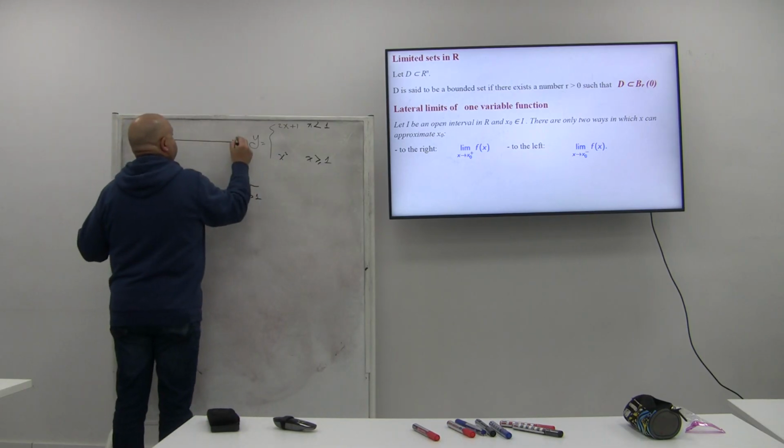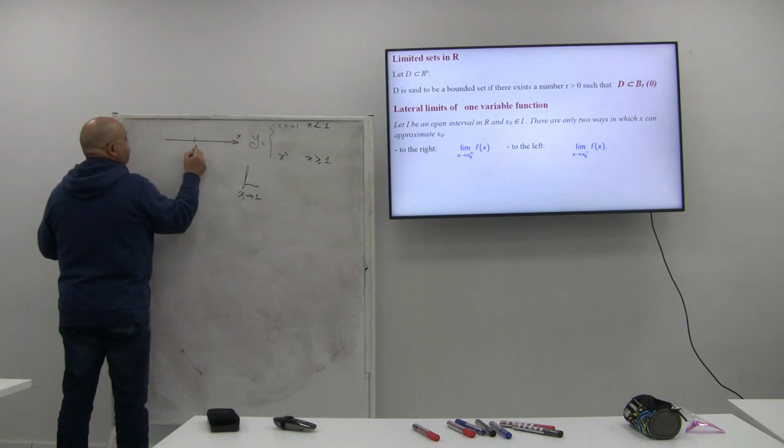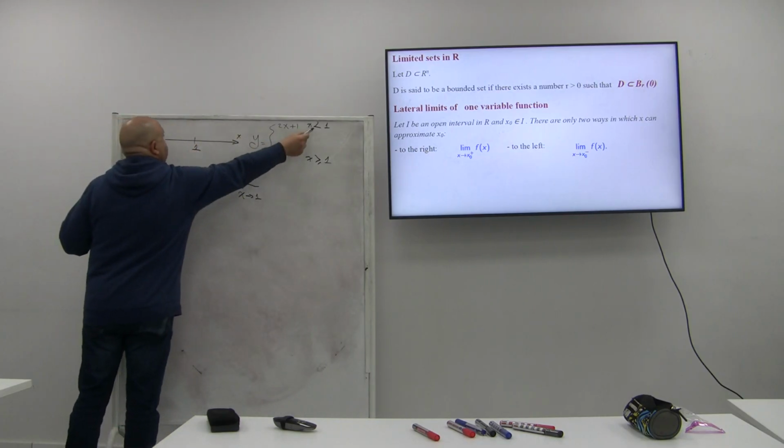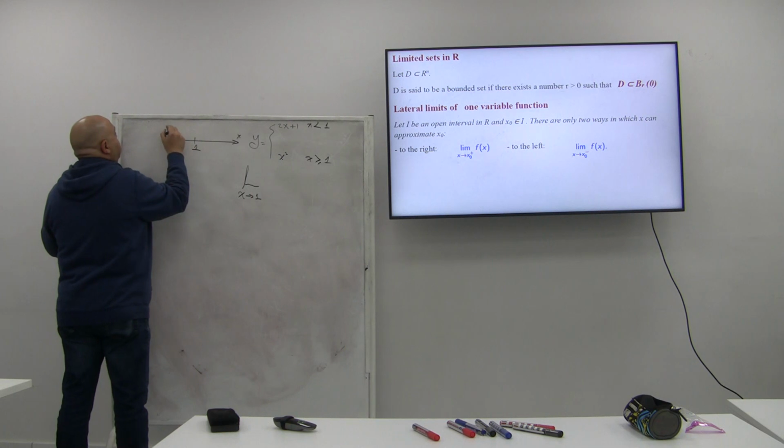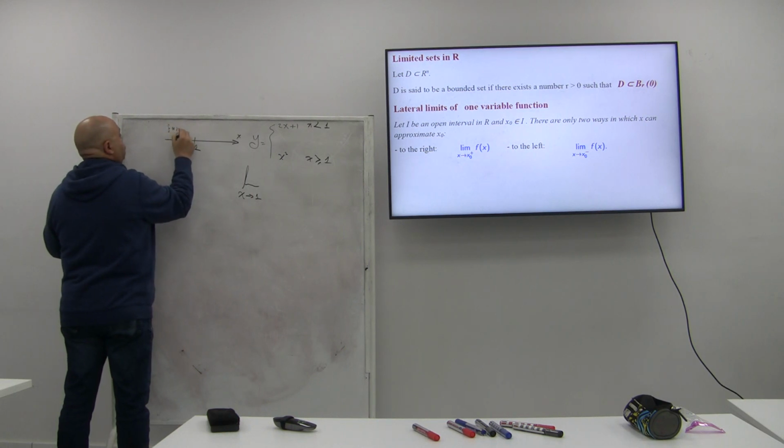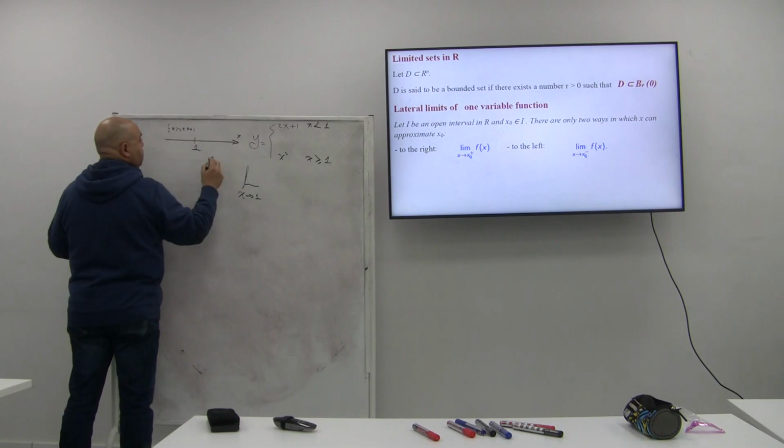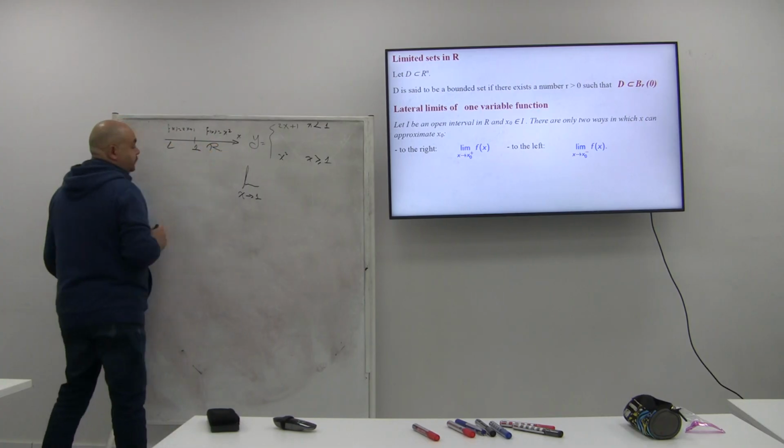If this is the x-axis, that's 1. We are talking about x less than 1, we will use f of x equal to 2x plus 1. On the other side, we will have f of x equal to x squared. So that's the right and that's the left.